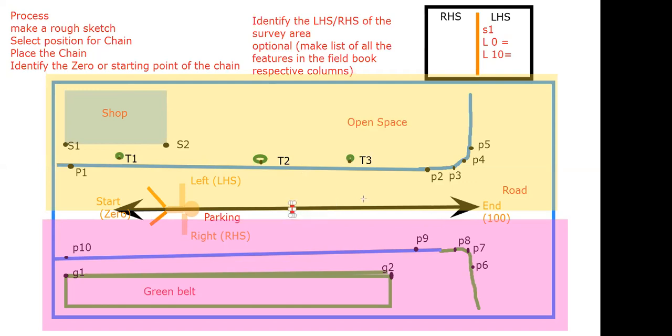This is link 50, link 90, link 80, link 70, link 60, 40, 30, 20, and 10. So these are the links.